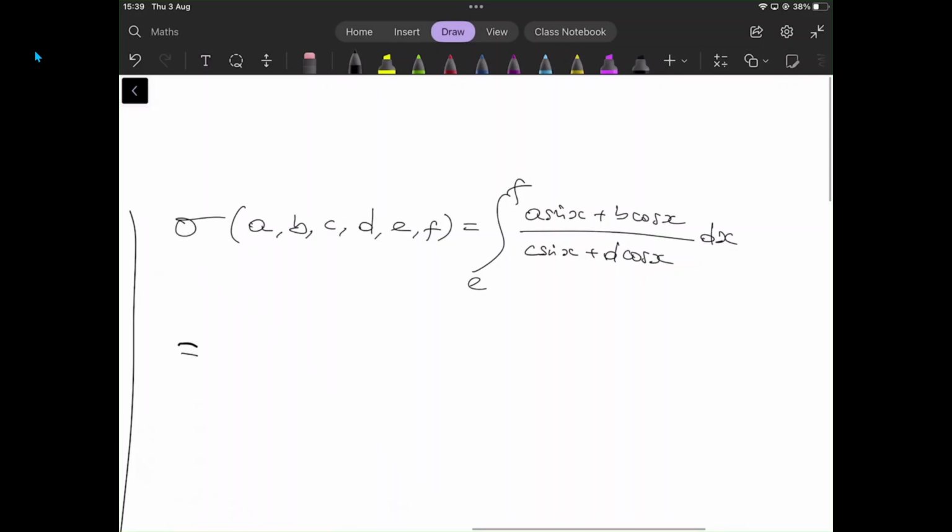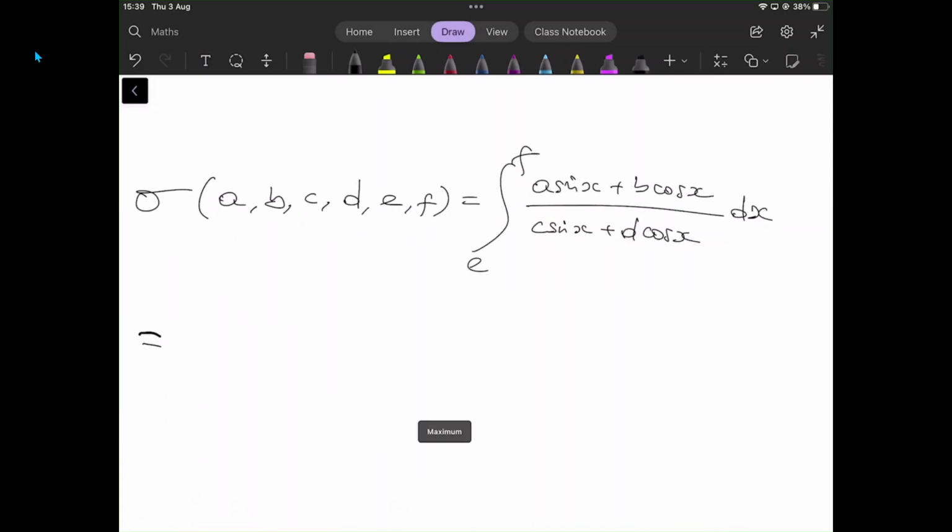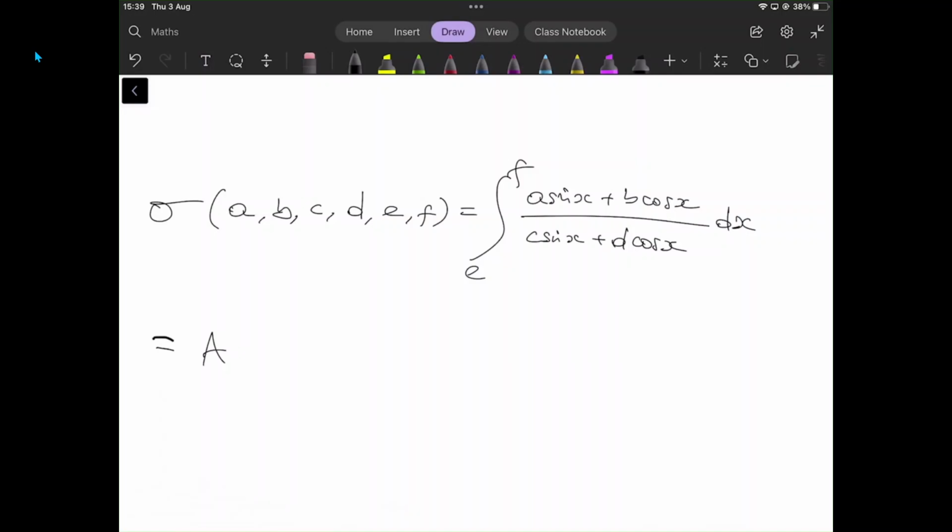Firstly, let's rewrite it as capital A lots of the integral from e to f of c sine x plus d cosine x over c sine x plus d cosine x, so that our integrand collapses to 1, basically.